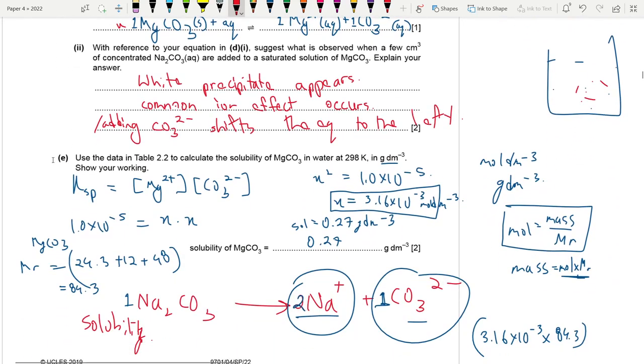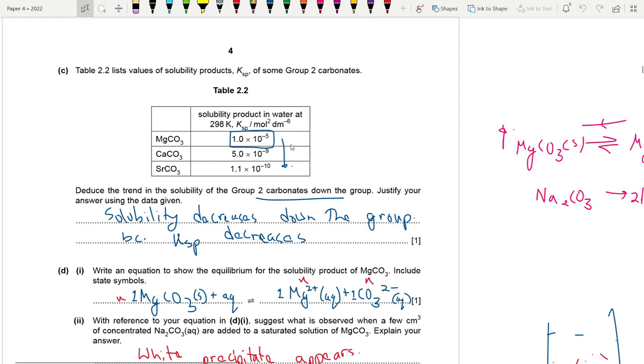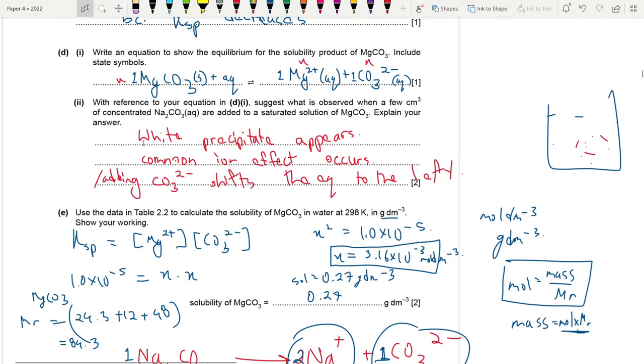So we can say that the Ksp is equal to x into x, or 1 into 10 power minus 5 is equal to x square. So x is equal to 3.16 into 10 power minus 3 mole per dm cube, since the unit was mole square dm to the power minus 6.